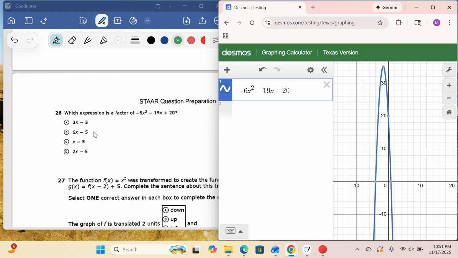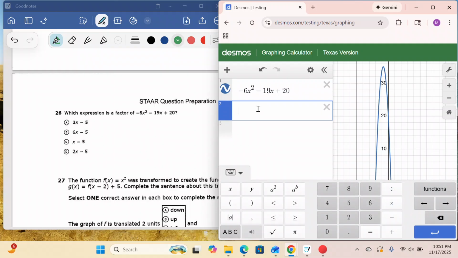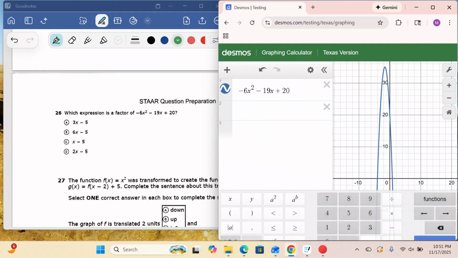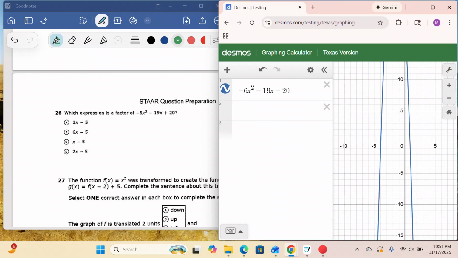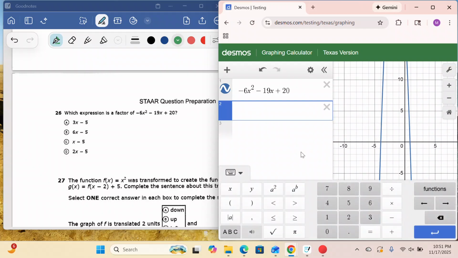So all I do is input A, input B, input C, and whichever one crosses through my x-intercept is a factor. So I'm going to maneuver my graph, and then I'm just going to input every single one. The first one is 3x minus 5. Is that one a 0?